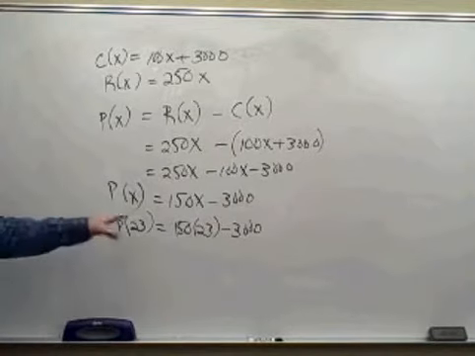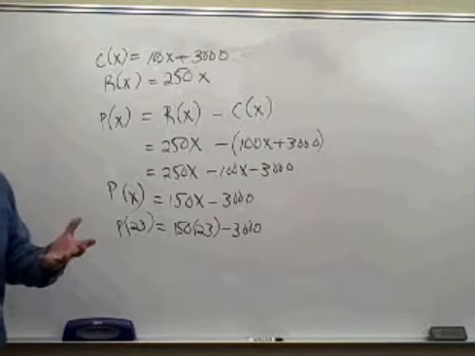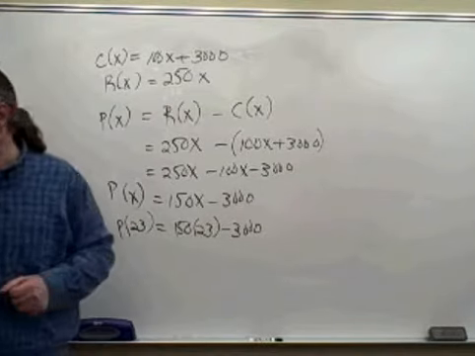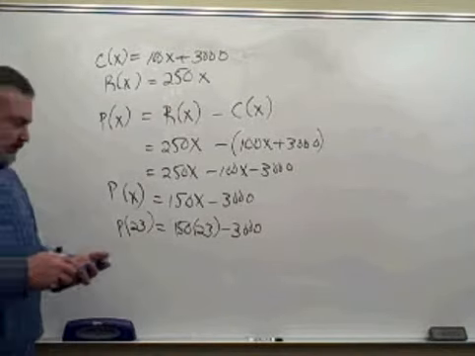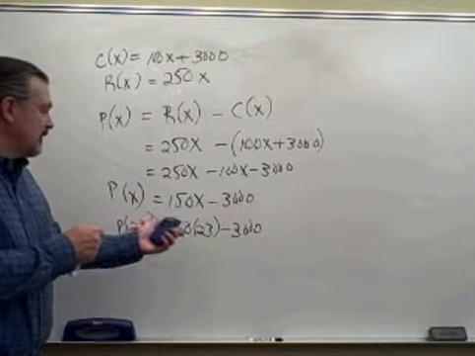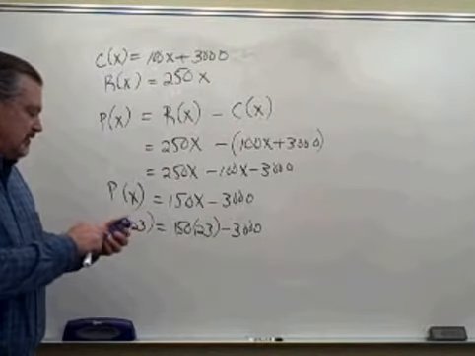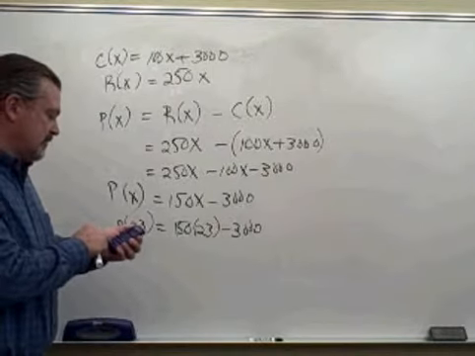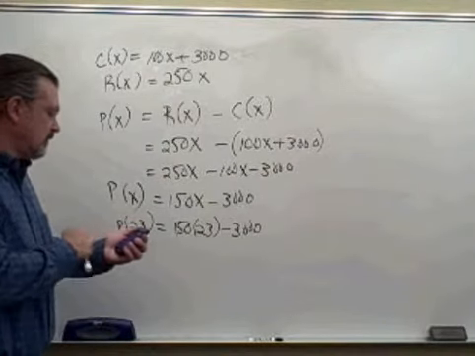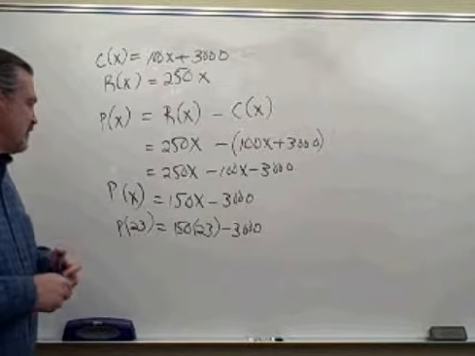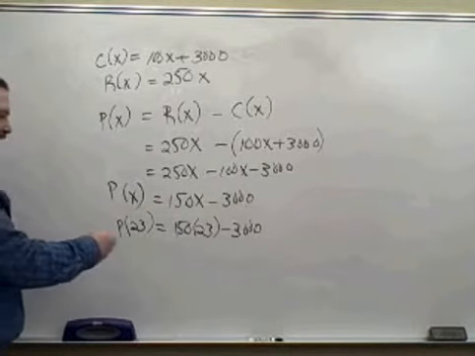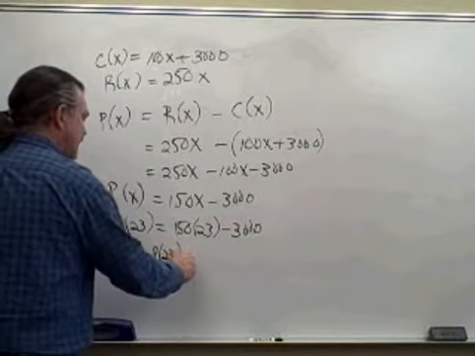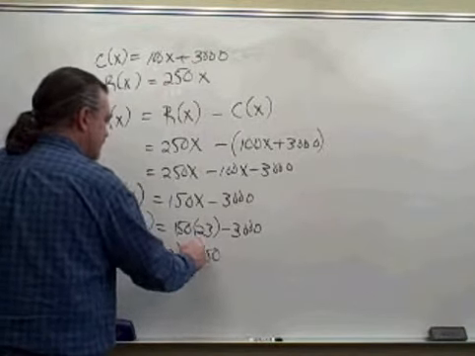We could use our profit function to determine what the profit would have been that day in the rocket skates division of Acme Manufacturing. So if we take our calculator, 150 times 23 minus 3,000, there would have been a profit for making and selling 23 pairs of rocket skates. There would have been a profit of $450.